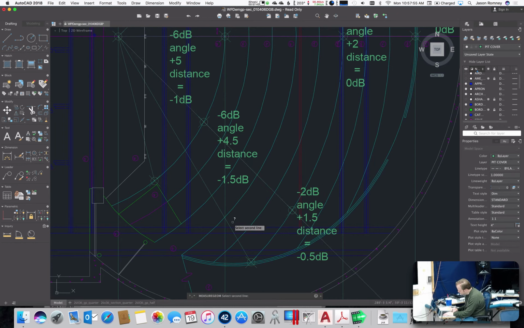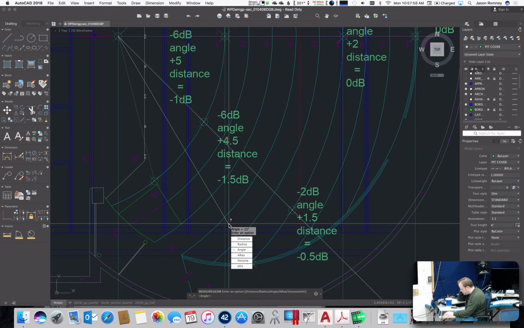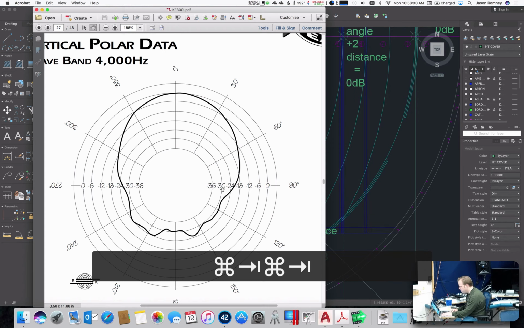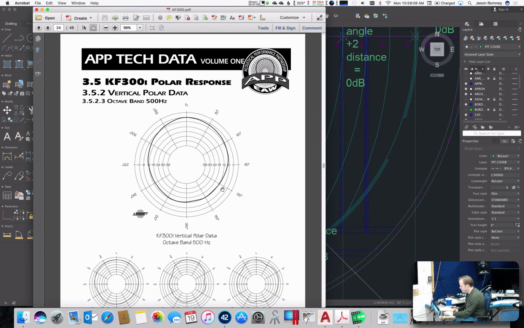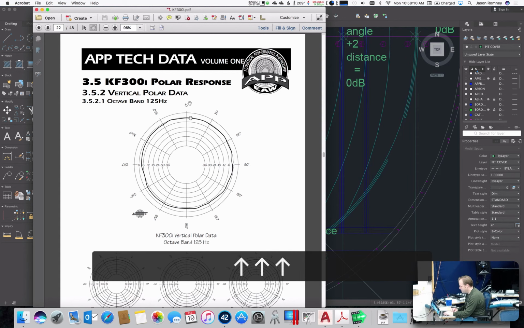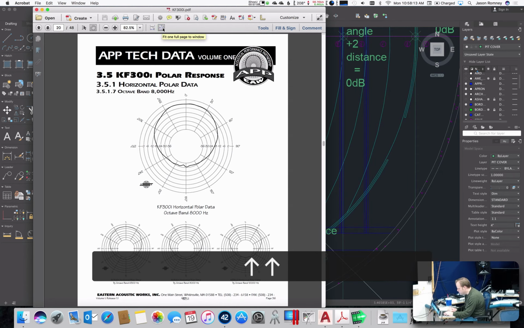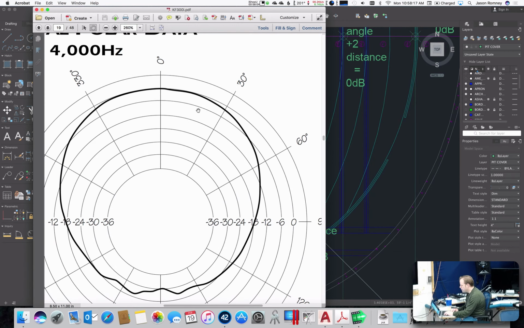Well, let's just look at this angle. That is 15 degrees. Okay, well this is a vertical polar plot. I want a horizontal polar plot, don't I? So let's go back here, see if we can find a horizontal polar plot for 4K. Hey, there it is. Okay, and I said I was how many degrees? Somebody write that down? 15? Okay, you guys are learning.